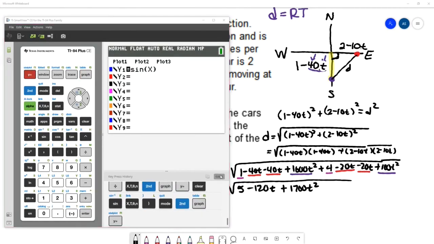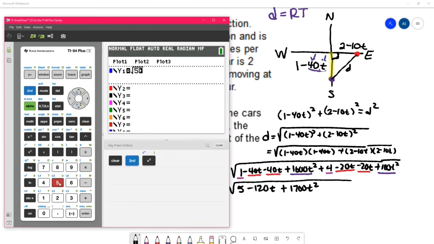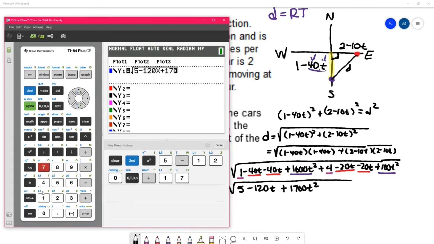And let me clear out these buttons here so you can follow along. So in my y equals menu, I'm going to type our function. It is the square root of 5 minus 120x plus 1700x squared.